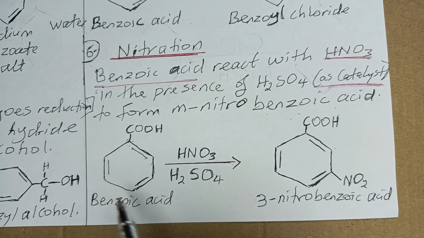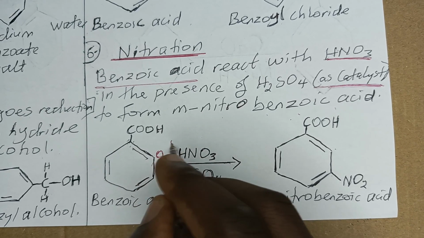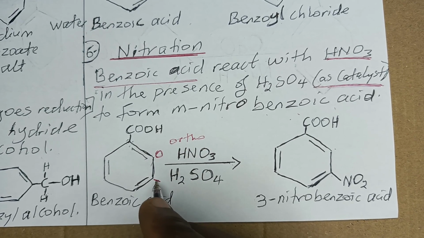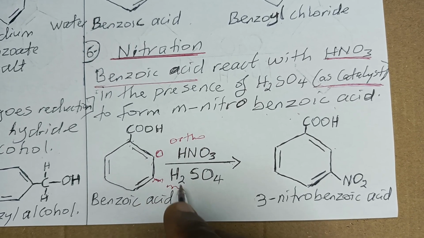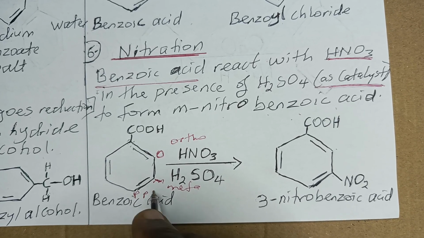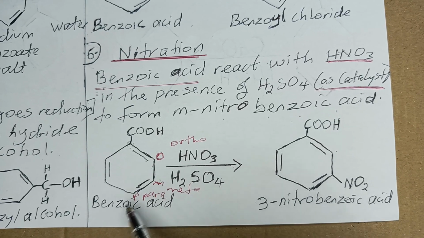In the naming of benzene, anything that is here is O, which is ortho. Anything that is attached here is M, which is meta. And anything that is attached here is P, P for para. This is ortho, meta, and para.